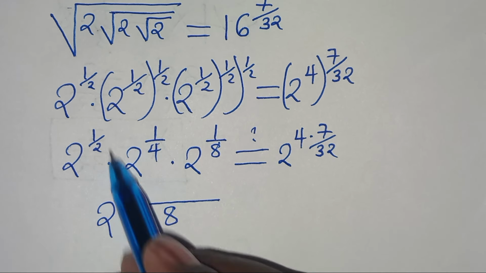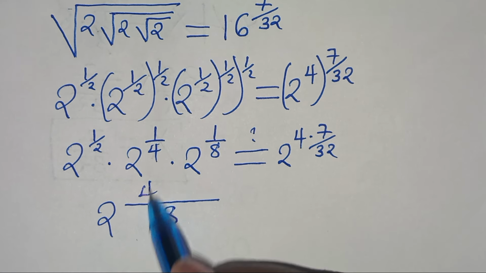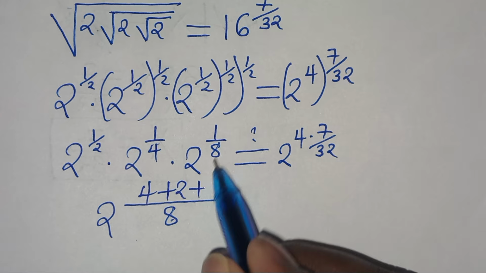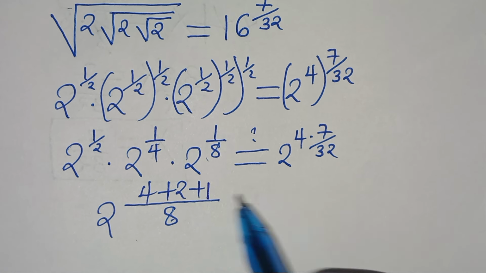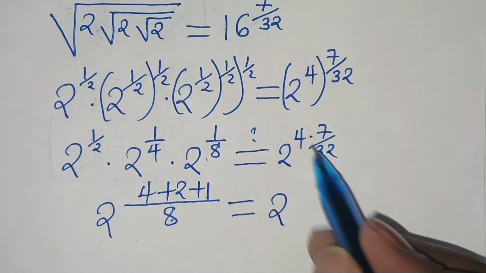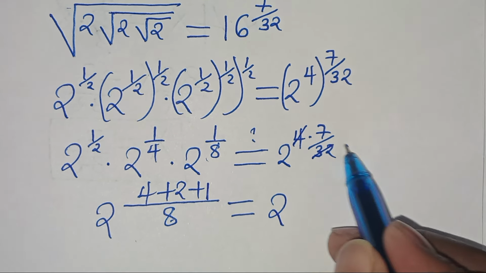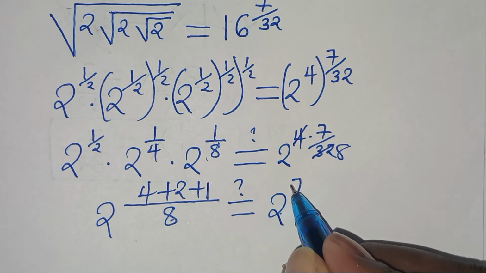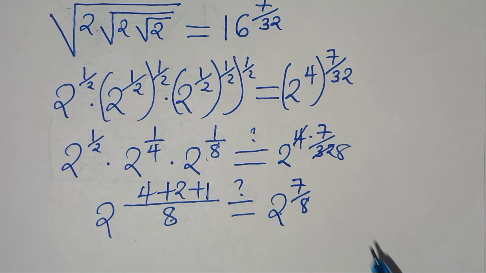So 8 divided by 2, this is 4 times 1, this is 4, plus 8 divided by 4, which is 2 times 1, this is 2, plus 8 divided by 8 is 1 times 1, this is 1, and this should be equal to 2 to the power of 28 divided by 32, this is 7 over 8.